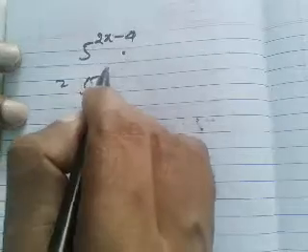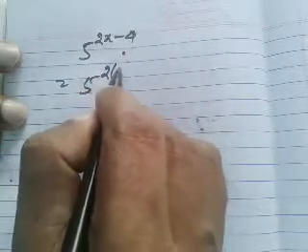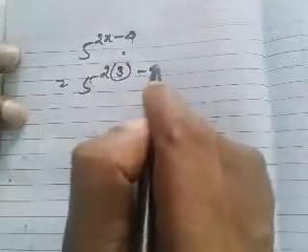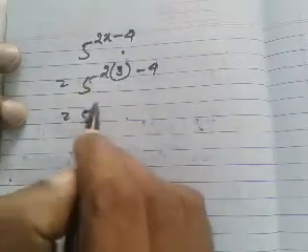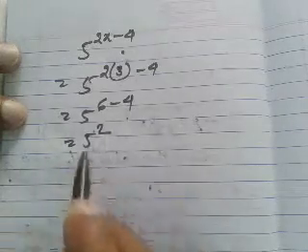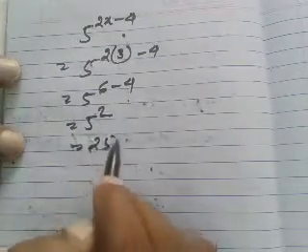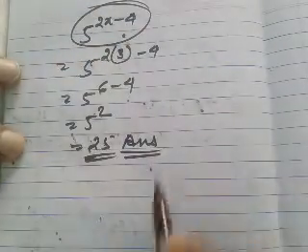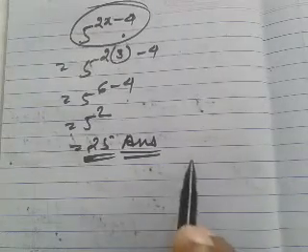The value of x is 3, so in place of x we can write 3. So this will become 2 times 3 is 6 minus 4, and we get 5 raised to the power 2, and the final answer will be 25. So the value for this expression is 25, and this is correct.